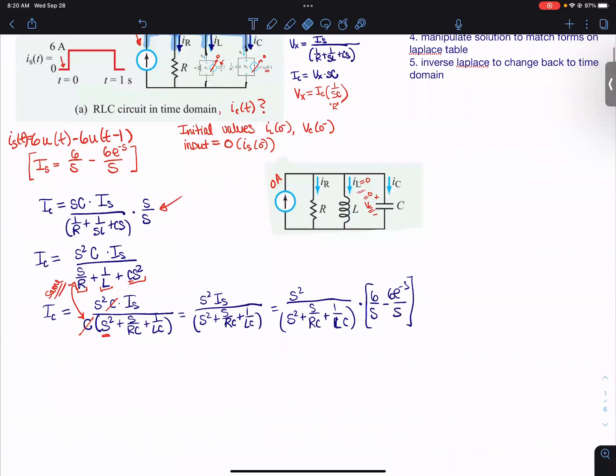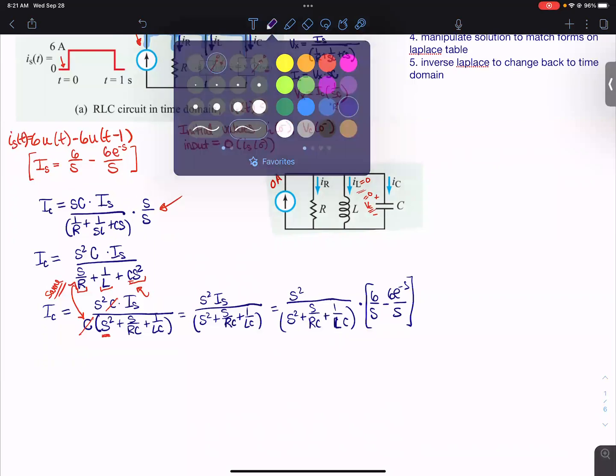All right, so then I brought out this C because I saw that the C here is a constant, so I can bring it out and still get the same equation there. And then from here, I added in the I of S. So from here, I'm going to now multiply these together.